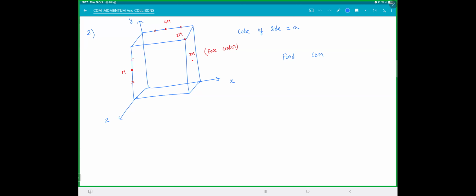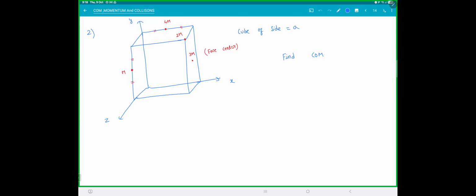Let's get the coordinates. Hmm, 7 by 10.